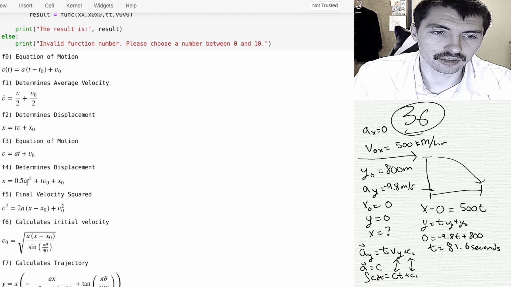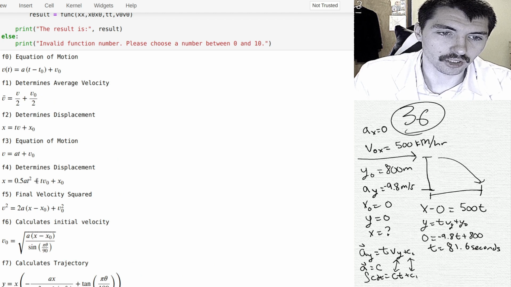We don't have a. Okay, we can do this because this would be 0. And I can see how this equation and this equation are the same in a certain way.